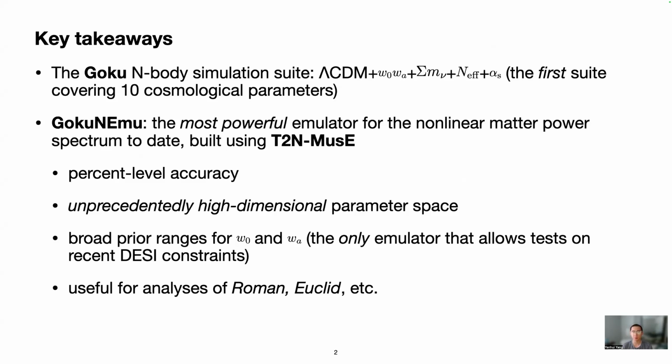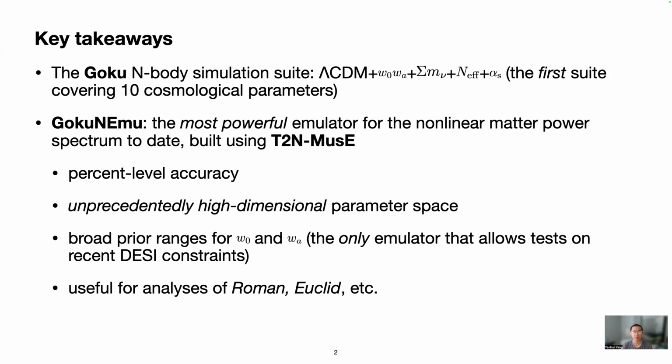It is the most powerful emulator for the nonlinear matter power spectrum to date, and we built it using T2Emus, which is a multifidelity emulation framework that we developed for neural network emulator construction.